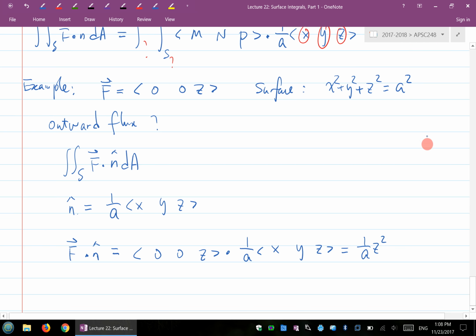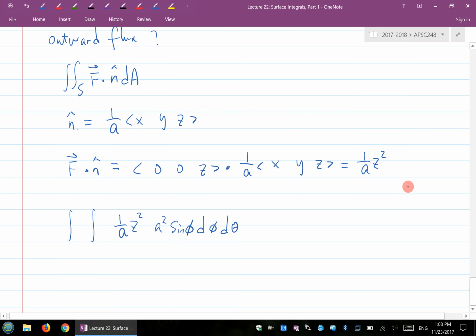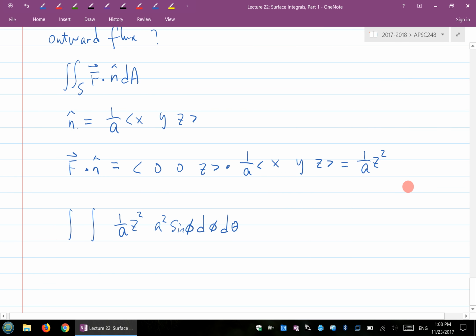Okay, so now I think I'm ready to put everything into this surface integral. So f dot n hat is 1 over a z squared. dA is a squared sine phi d phi d theta. And this is your surface integral over this surface here.